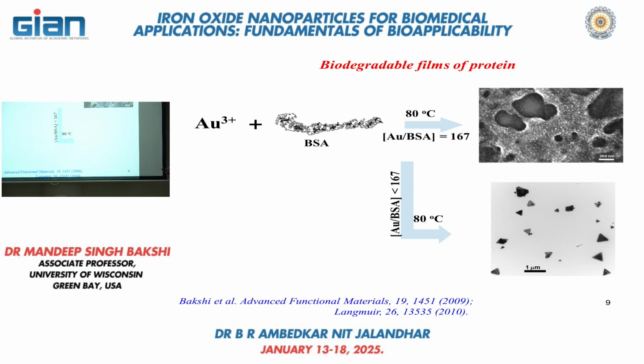Gold ion in the presence of BSA at 80 degrees centigrade makes it possible to create a film. But you have to be very careful in arranging the mole ratio. When the mole ratio is less than 160, you cannot create the film. When the mole ratio is 167 or higher, the film is created. This film is the protein film.